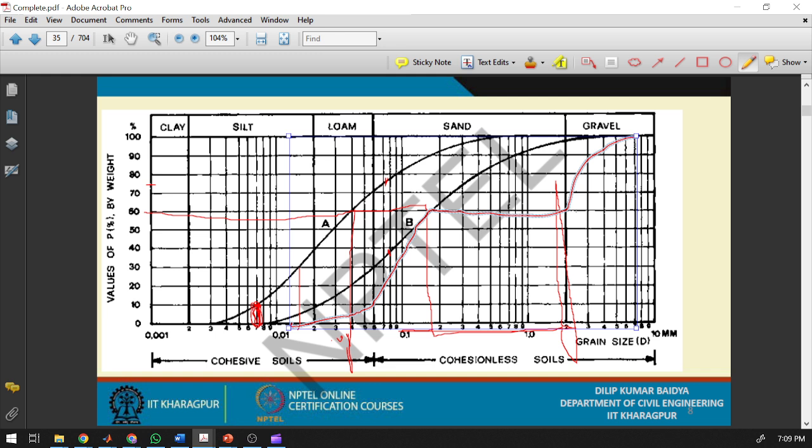No, you have two parameters. You have a CU as well as a CC. See, for example, if we talk about this soil, D10, one second, let me first erase all this.